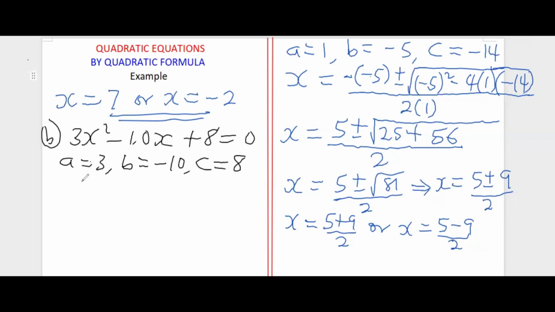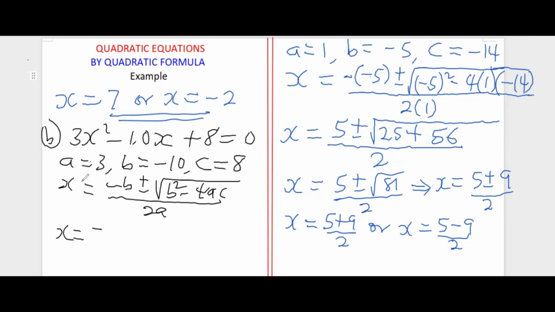And we still use our normal formula, which is x equals minus b plus or minus the square root of b squared minus 4ac, over 2a. So we have x equals minus b, but here b is also negative.